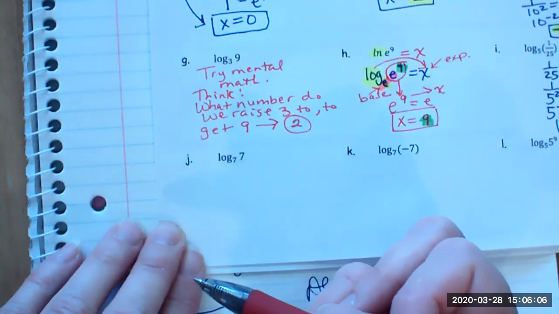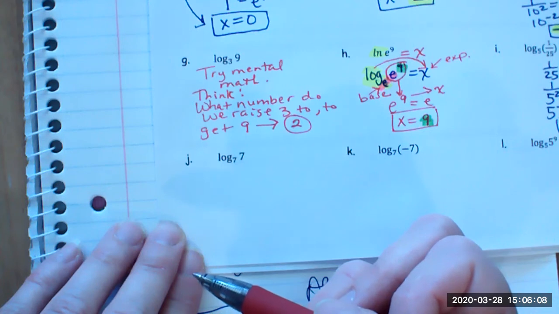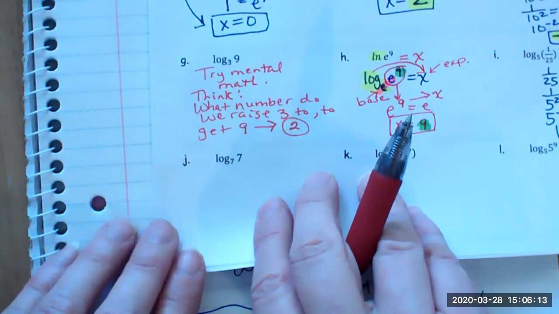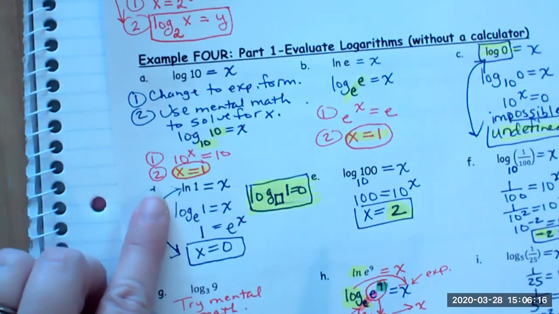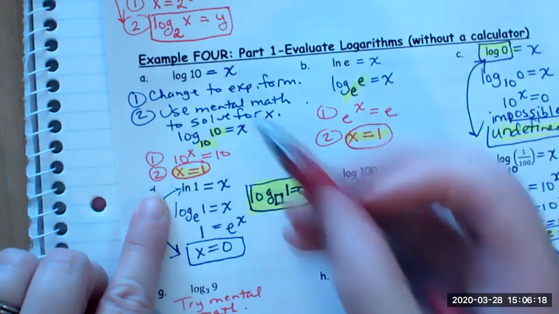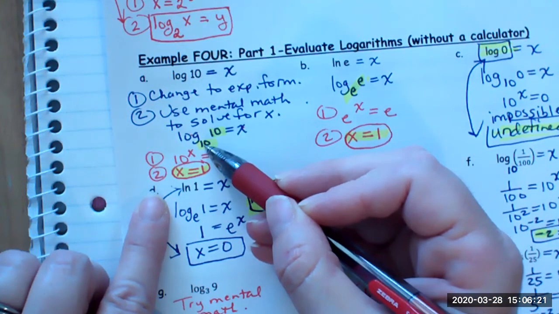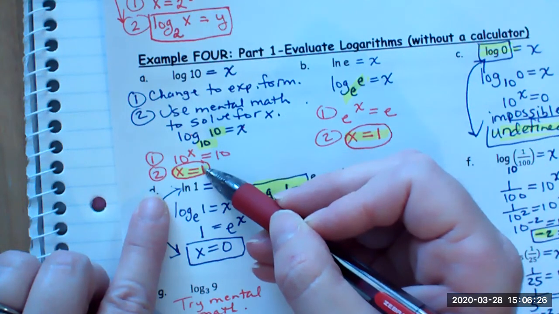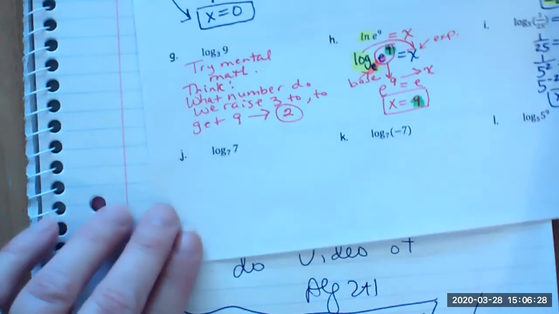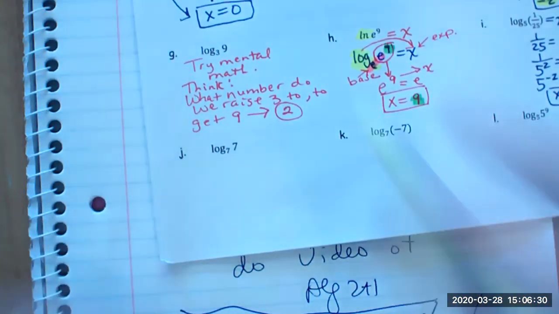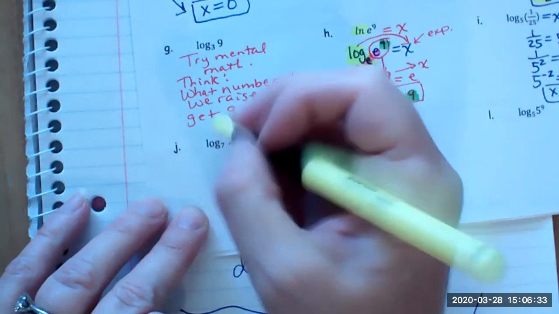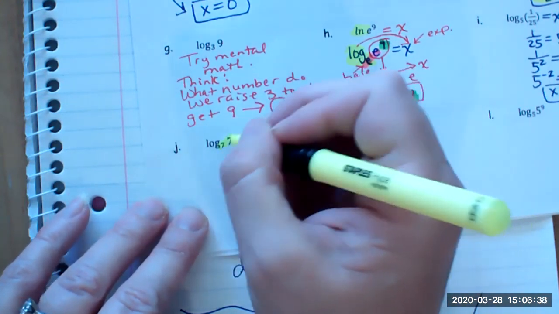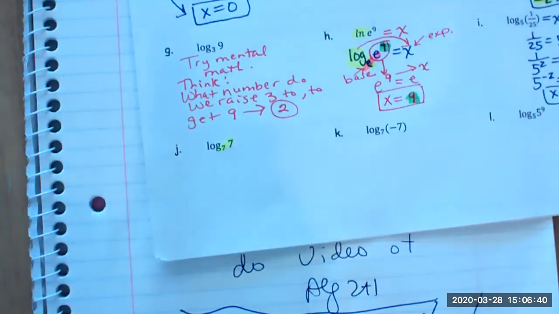If you want, go back up here, look at parts A and B, and remember what we talked about: if the base of the log matches the number you're taking the log of, what's always the answer? So we have that same situation here. The base of the log is the same as the value we're taking the log of. So 7 to what power is 7? You can see the answer is 1.